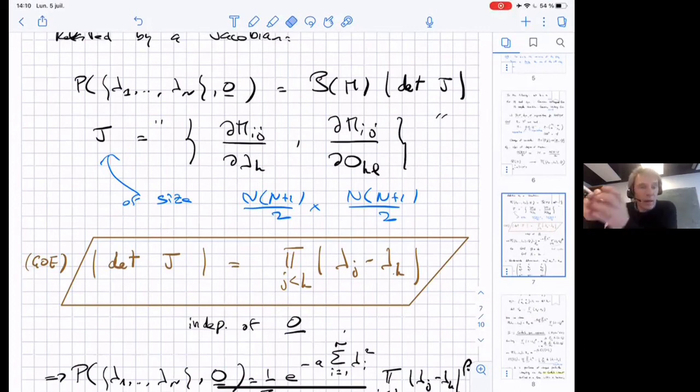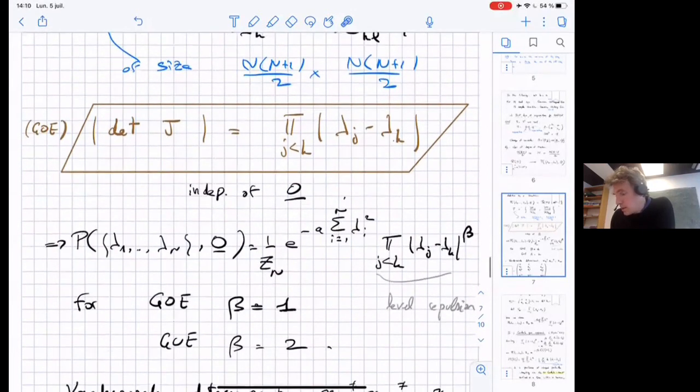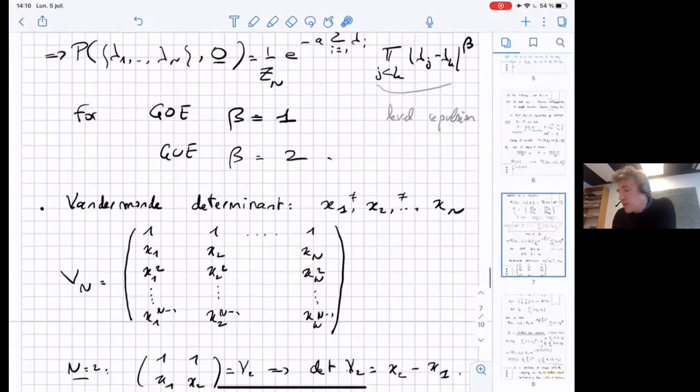Here I have been discussing real spectra, but if you look at more general matrices with complex eigenvalues, like Ginibre ensembles, the interactions always come from this kind of manipulation. So it really comes from this van der Monde because it has this deep root in linear algebra.